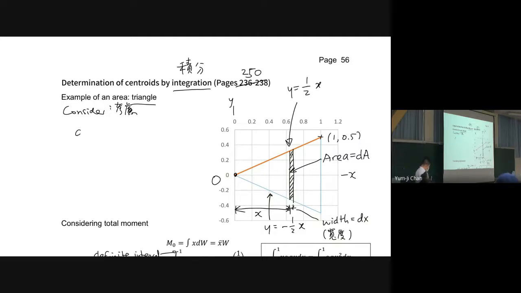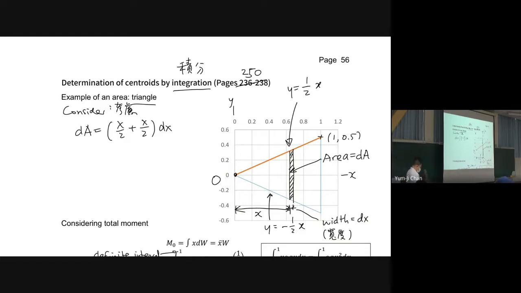Now, what is dA? How do we determine dA? The area of this rectangle or this stripe is equal to what? Because this distance is x, this one is 1/2 of x, and this is also 1/2 of x, right? So we have the height of the area is 1/2 of x plus 1/2 of x, times dx.